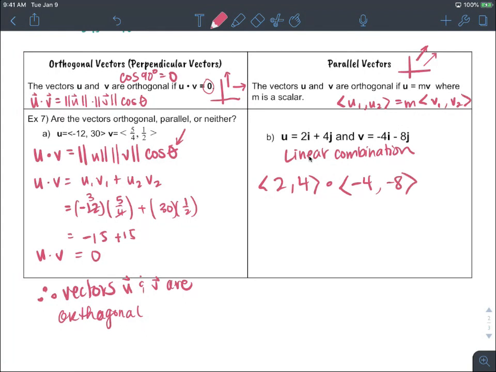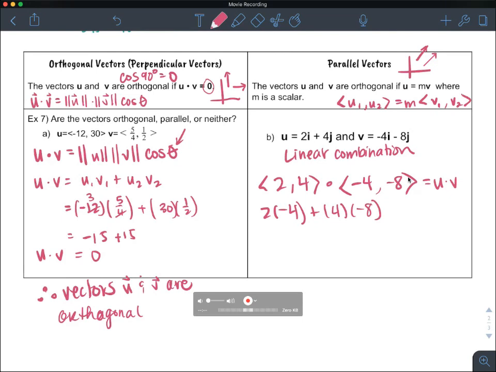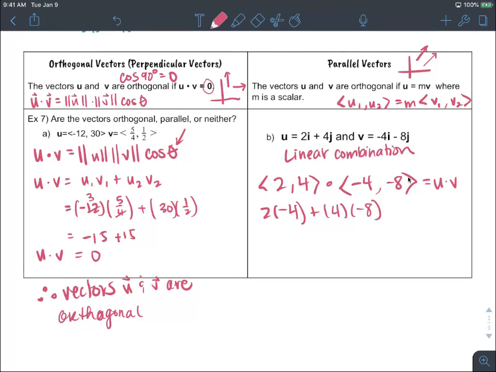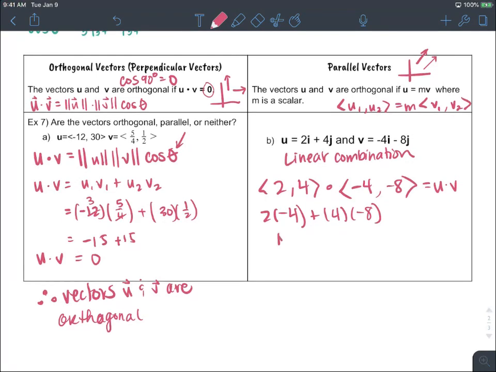When I take the dot product of these, I get 2 times negative 4 plus 4 times negative 8. I can see that this is not 0, so these are not perpendicular. They're not orthogonal. Not 0, therefore not perpendicular or orthogonal. So let's try something else.